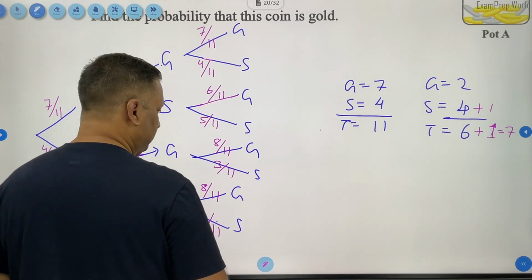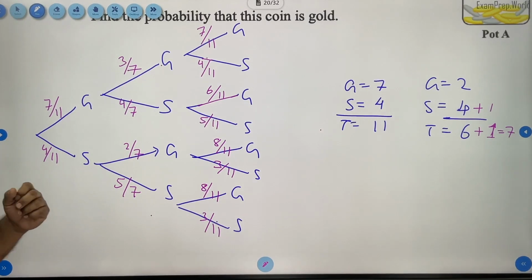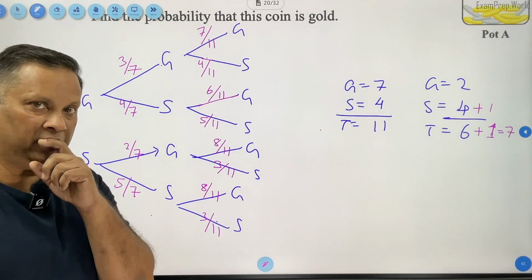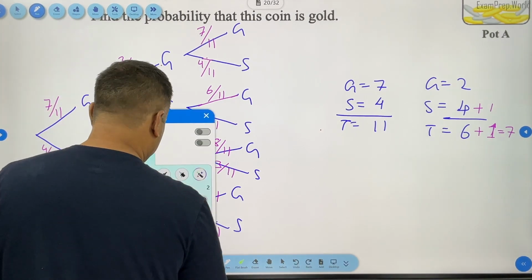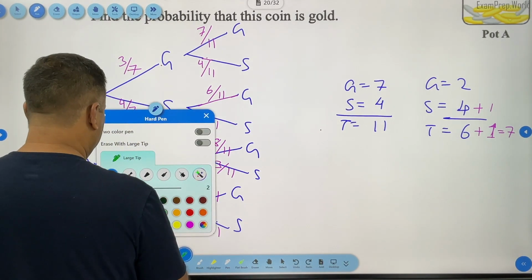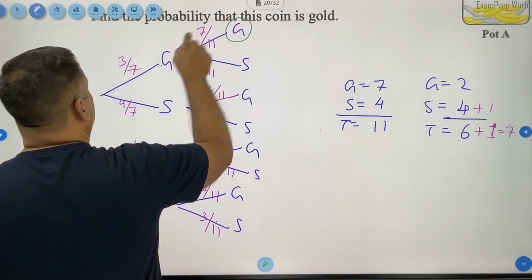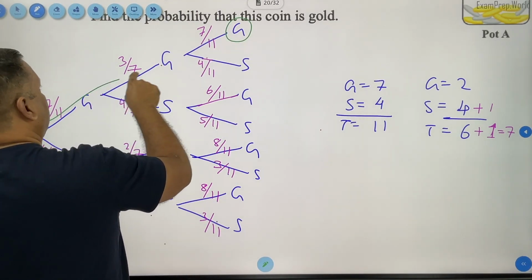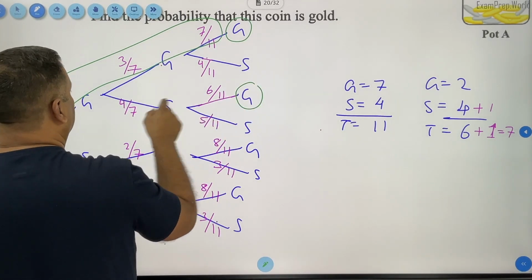Now with the tree diagram which is completed, we can calculate the probability of getting gold. In how many ways you are getting gold in the last step? So let me mark them. Look at this place. You are getting a gold here. So first you will calculate all these probabilities. Then you are getting 1 more gold in the third option.